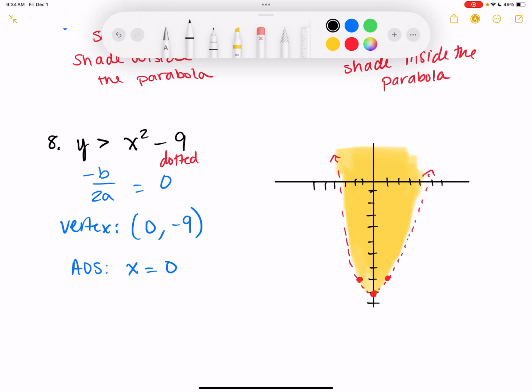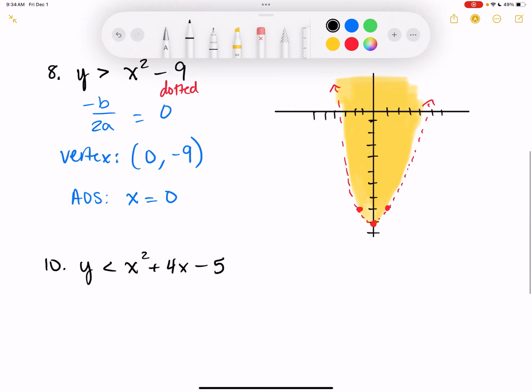Let's see, number 10. y is less than x squared plus 4x minus 5. So minus b over 2a. I've got -4 over 2 times 1, so that's just going to be -2.